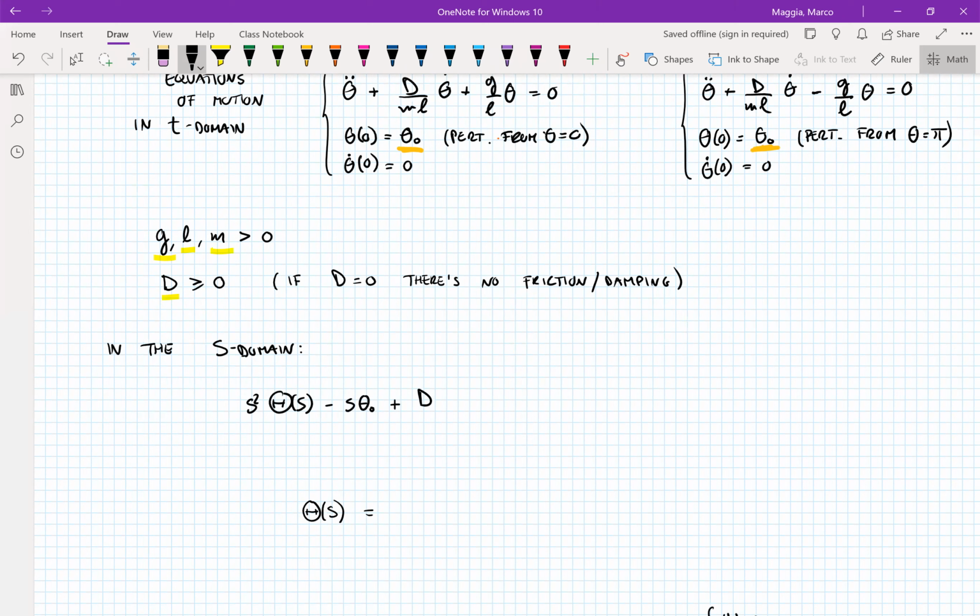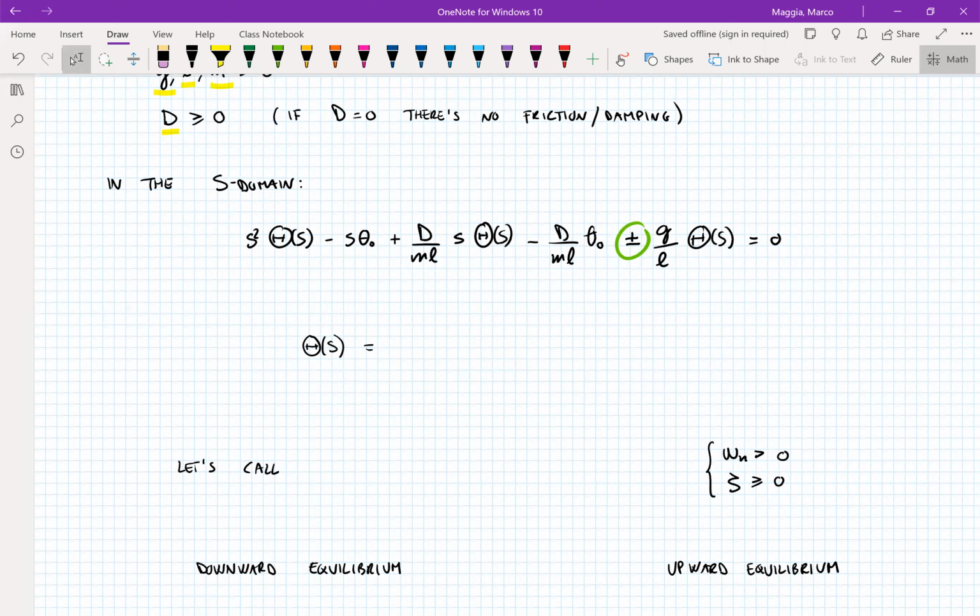Then we have plus d over ml s theta of s minus d over ml theta 0. And then here we're going to have either plus or minus for the two cases, g over L theta of s, and this is equal to 0. So here, just keep in mind that this plus or minus refers to the downward and upward position respectively.